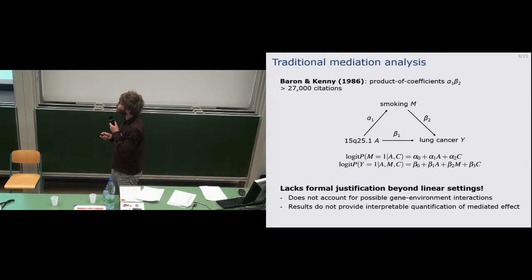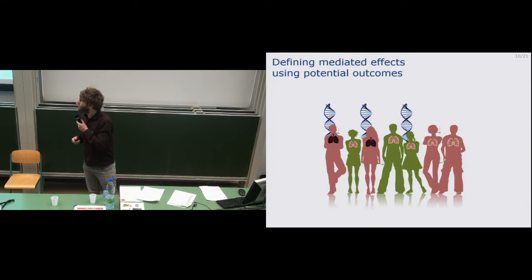So in our work and that of others, we therefore investigate specifically how one may define direct and indirect effects. The potential outcomes framework introduced by Sjouke in the previous slides has been very helpful in that respect. So consider again our population of interest. Some people are carriers of the genetic variant, whereas others are non-carriers.